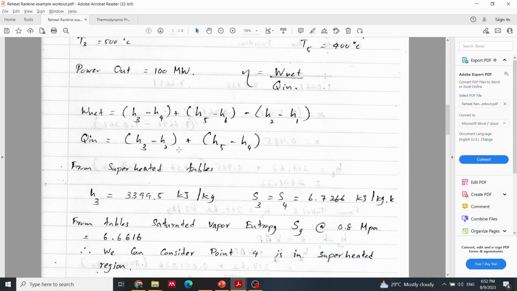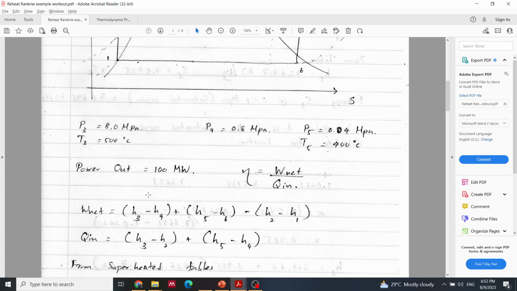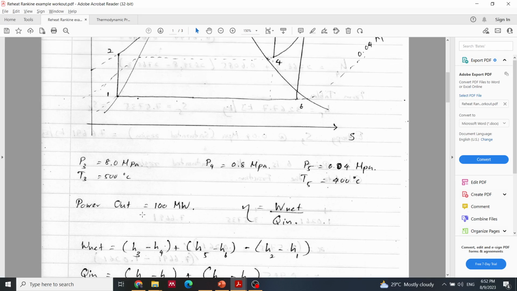Therefore we can formulate the equation like this: work out minus work in. We define H3 minus H4, which is basically the high pressure turbine action, and H5 minus H6, again the low pressure turbine action, and minus because the work in the pump is work in, therefore minus (H2 minus H1), this is the pump work.